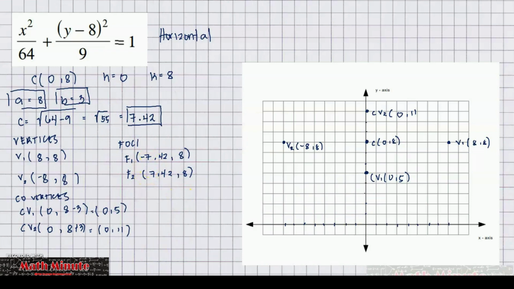So for the foci, we plot it here. So negative 7.42, it's around this part, f sub 1. F sub 2, it's around this part.